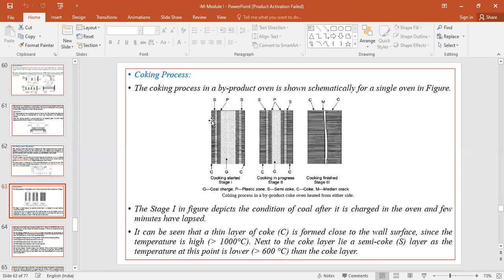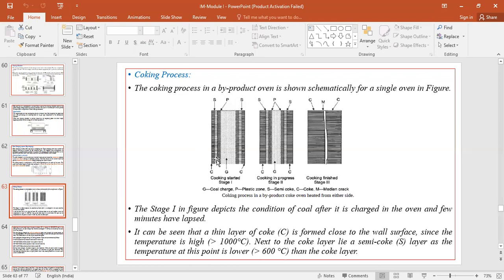And just next to the coke layer, we have the semi-coke layer, that is represented by S. And just adjacent to that, we have the plastic zone, which is represented by P. And at the center, you have the coal, which has not completely undergone the cooking process. So this is the condition of the oven after a certain duration of time.